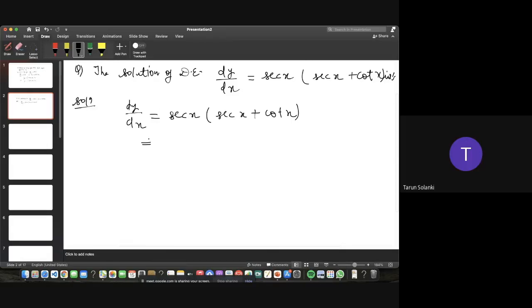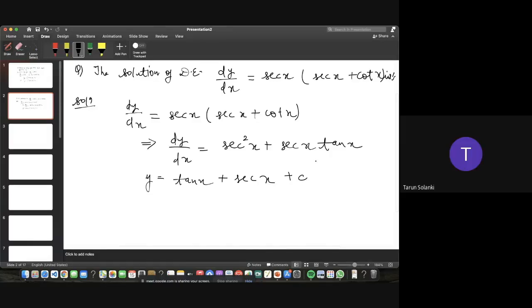So it becomes dy by dx is equal to sec square x plus sec x into tan x. Now integrating, we get y is equal to tan x plus sec x plus constant c. So this is our required answer.